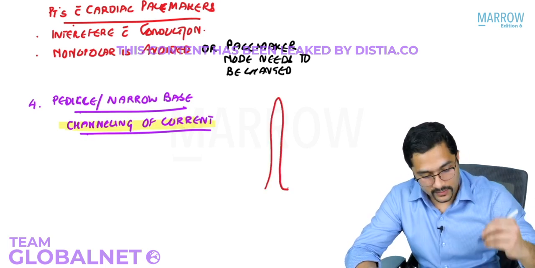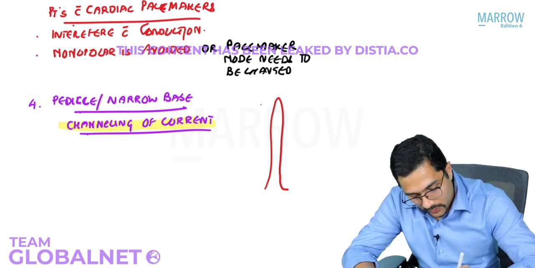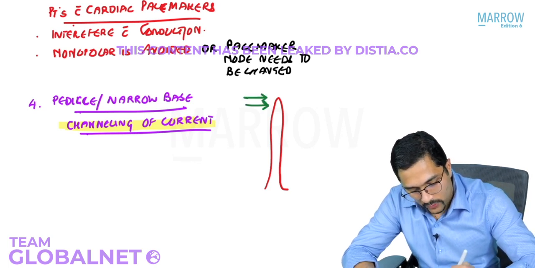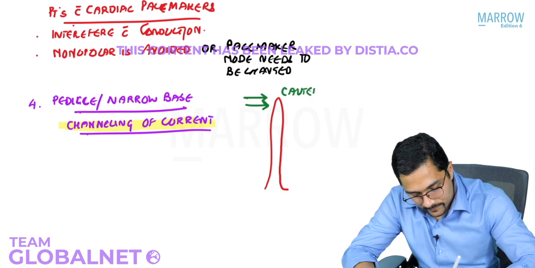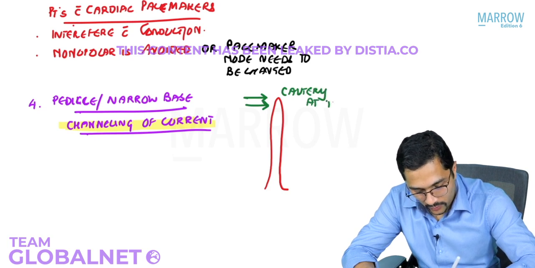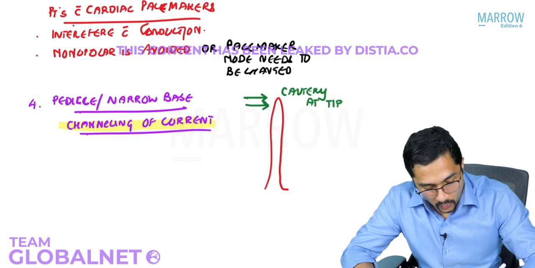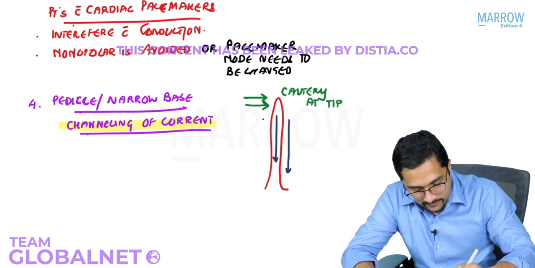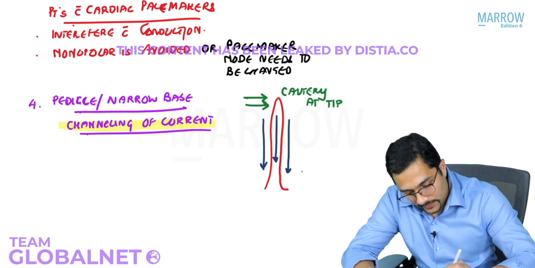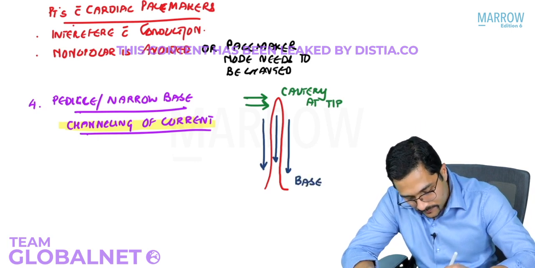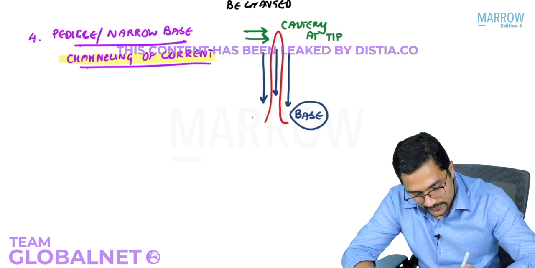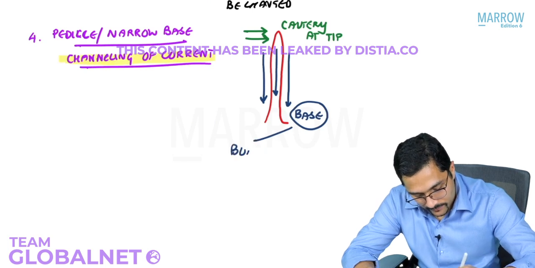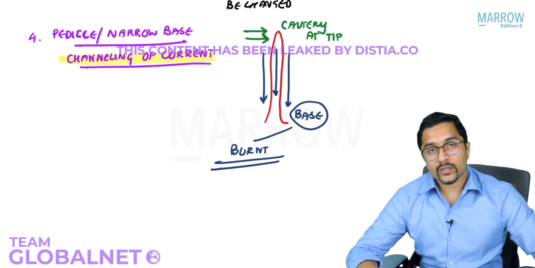And if you apply cautery at the tip, then all the current will also get channeled to the base. When there is a narrow pedicle, the current gets channeled to the base, and the base also gets burnt.